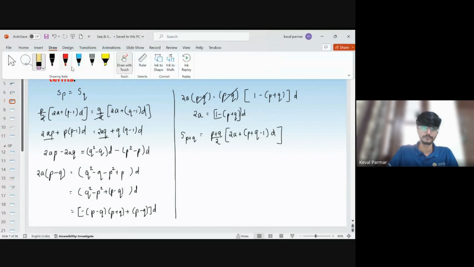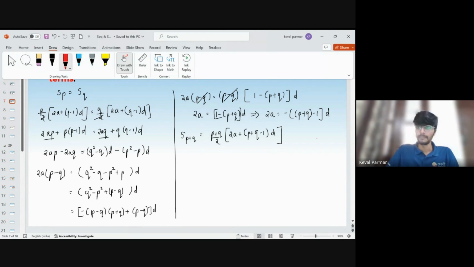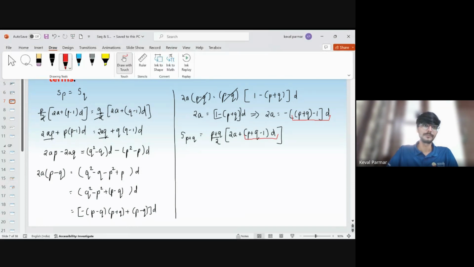If I take minus common on the right hand side, 2A will be equal to minus common, P plus Q minus 1 into D. And you can see here, P plus Q minus 1, P plus Q minus 1. So I can substitute equation 1 here.